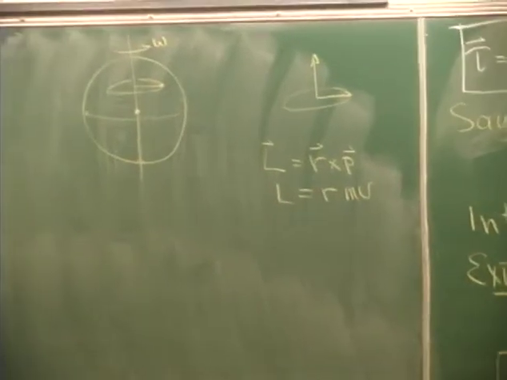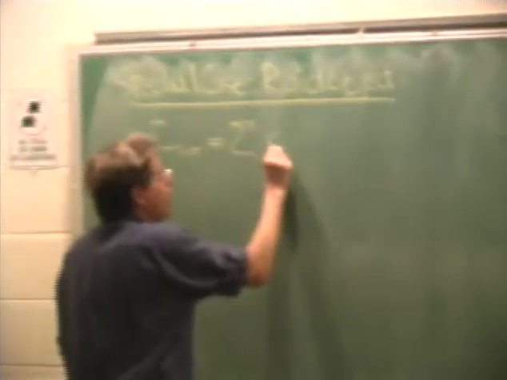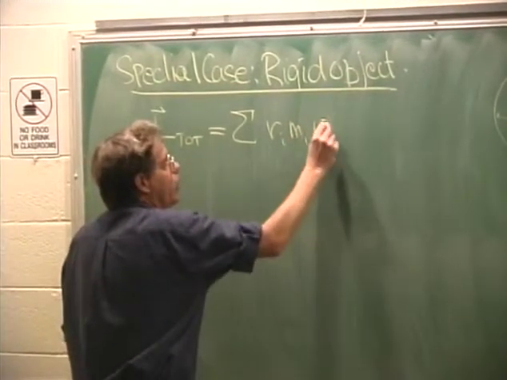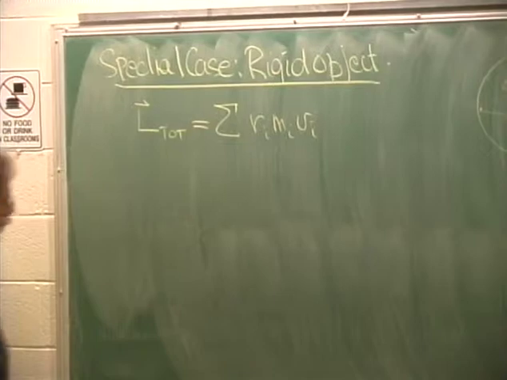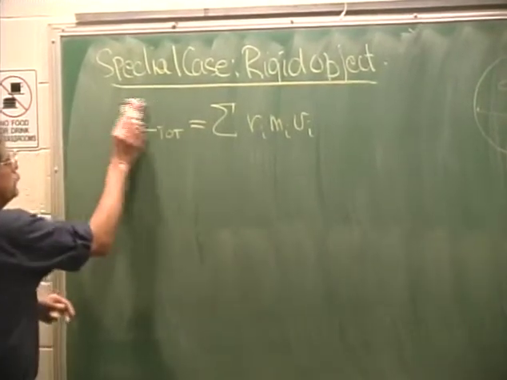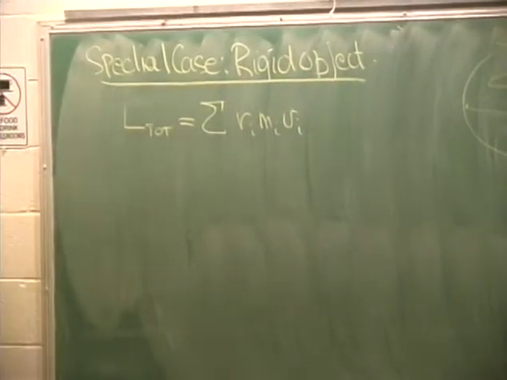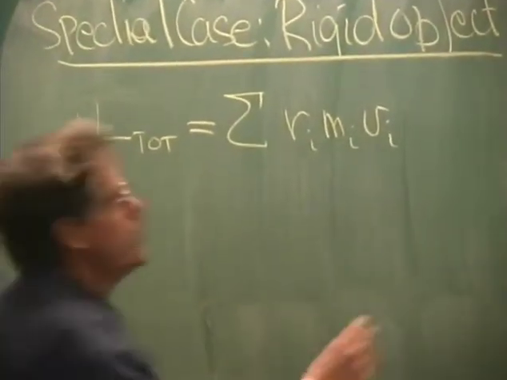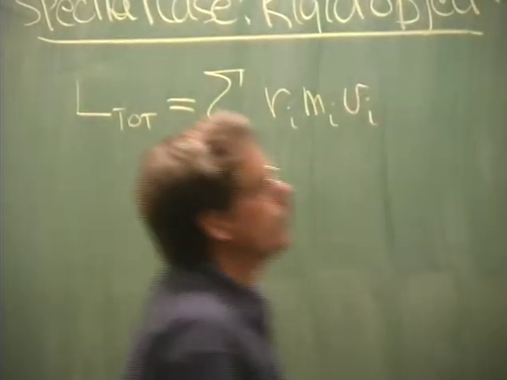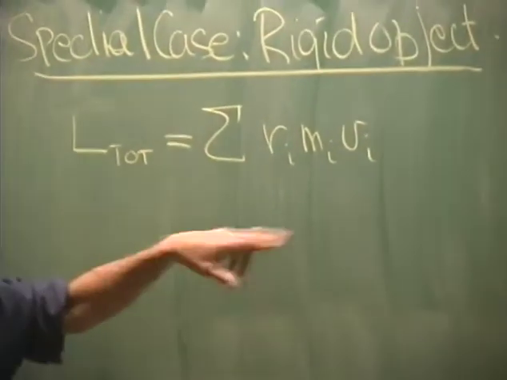So this is the sum of r_i m_i v_i, where I'm talking only about the magnitude here. All of the angular momenta are going to be pointing in the z direction, in the same direction, along the line of the axis.